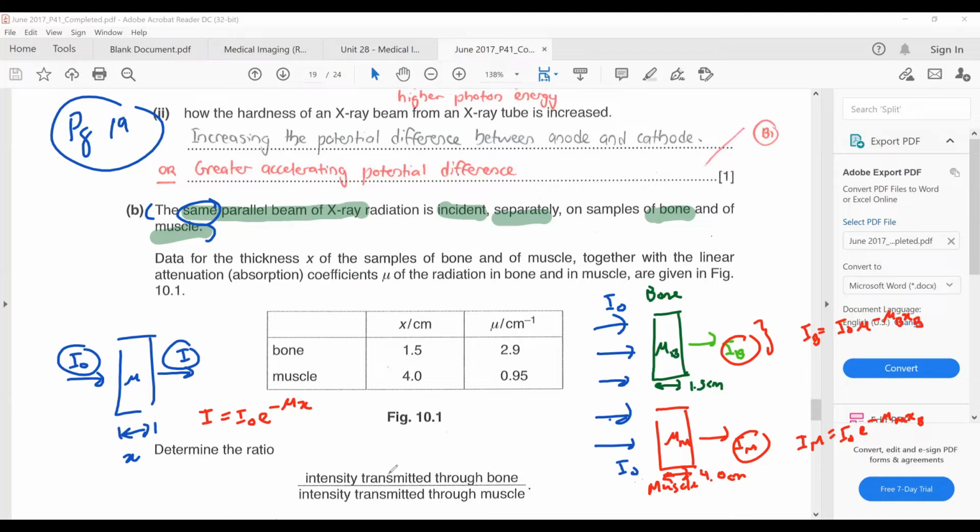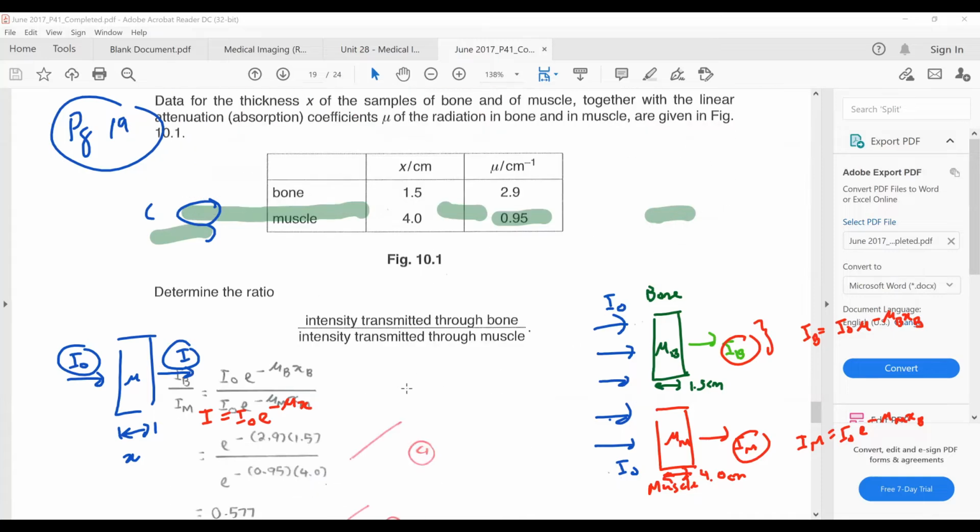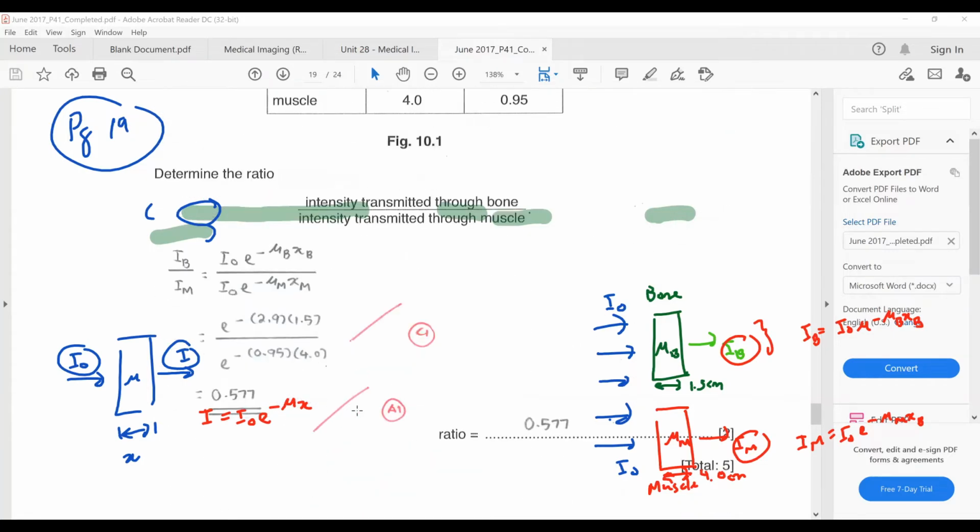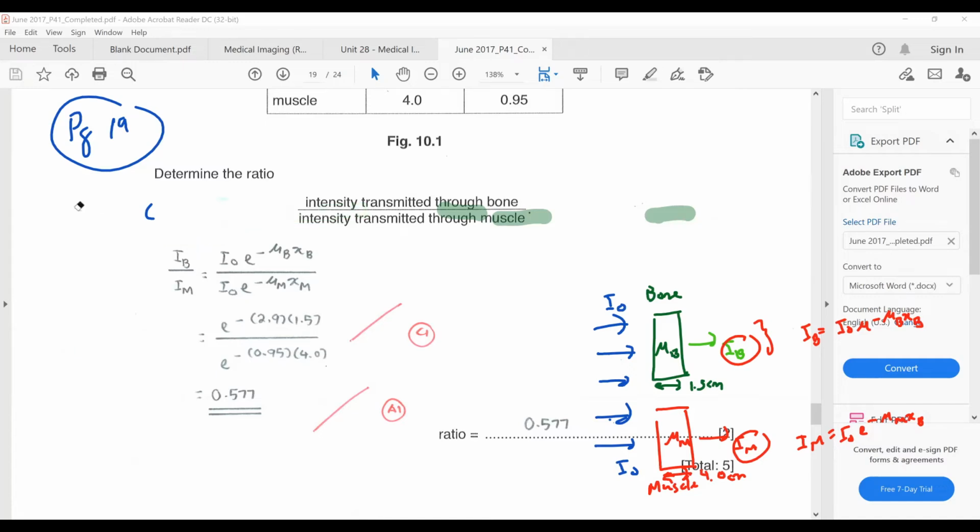They ask you to find the ratio of intensity transmitted through bone and muscle. They're actually asking you the ratio of IB to IM. Yeah, so that's what they're really asking you. Hence your workings would now look like this. You're basically considering both separately and making a ratio out of it. Okay, so then you get this, right?